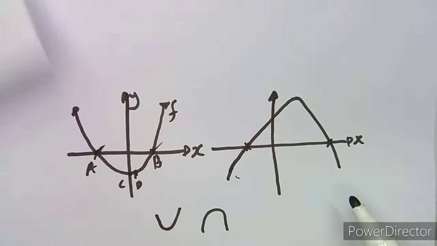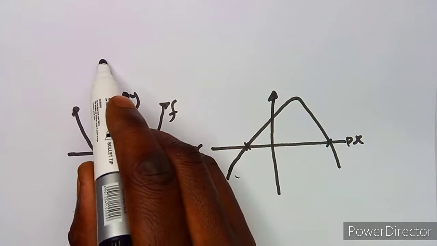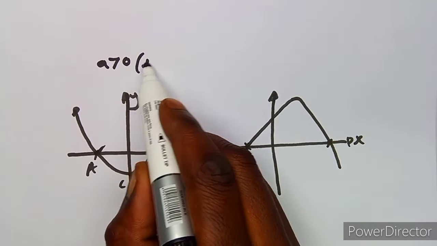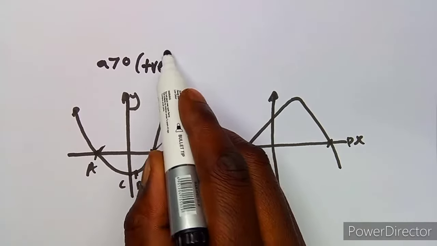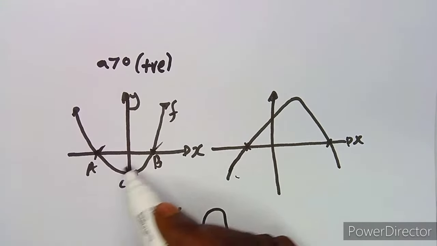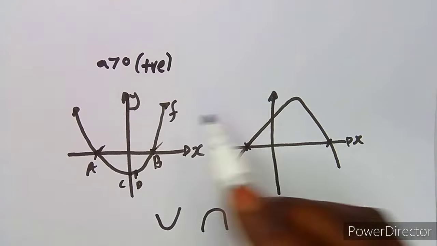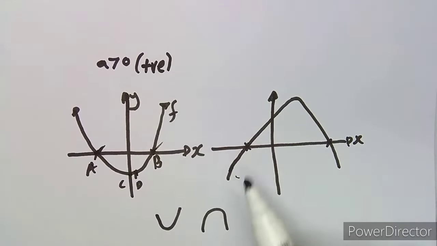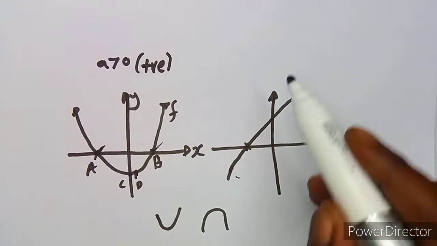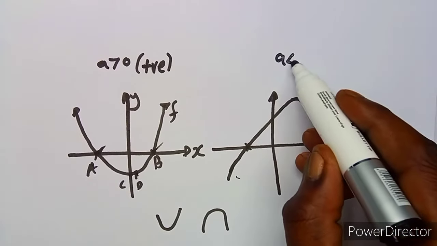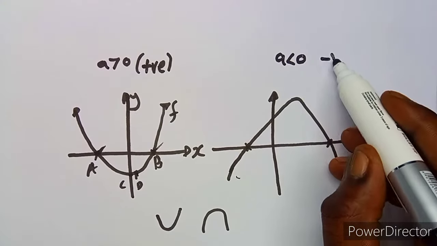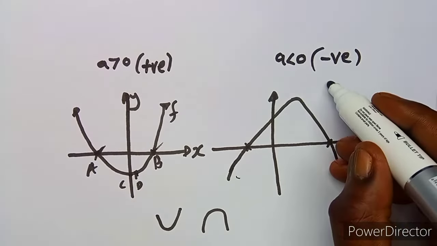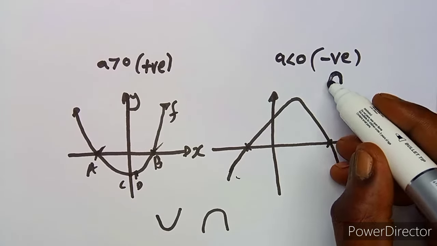On a condition that A is greater than 0, like this one, where A is a positive value, we are going to have a shape like this. When it is positive, it goes from positive to negative, then maintains positive. When A is less than 0, which is negative, your shape is going to be like this, a sad shape, as you can see.